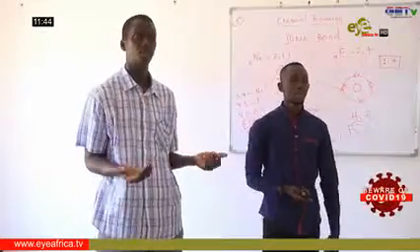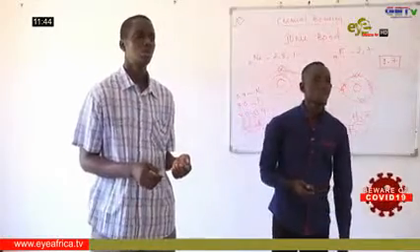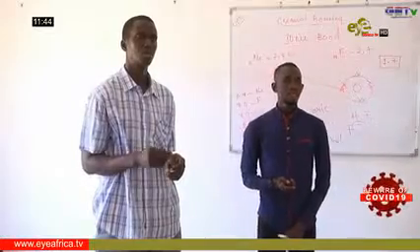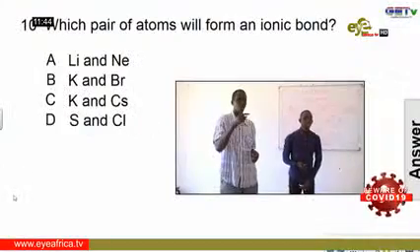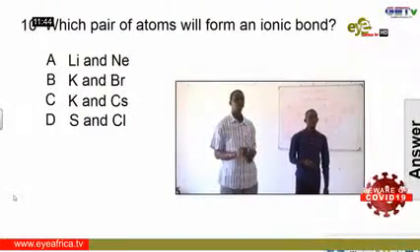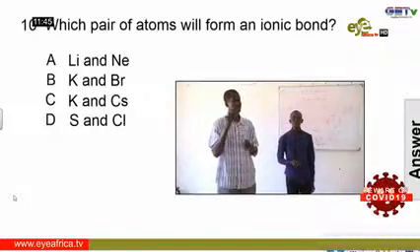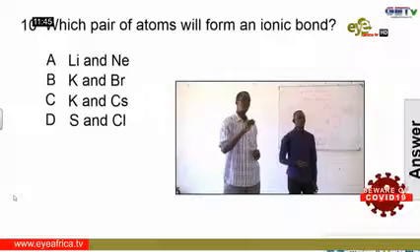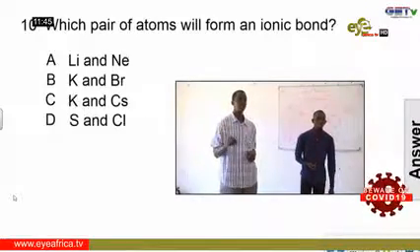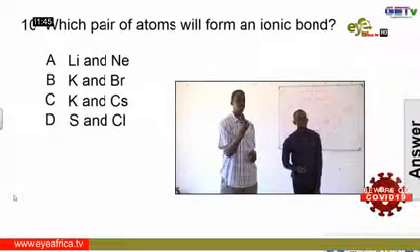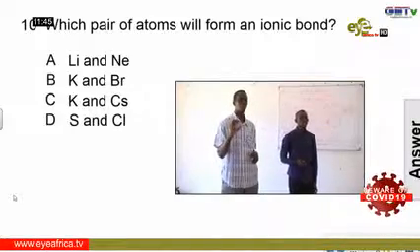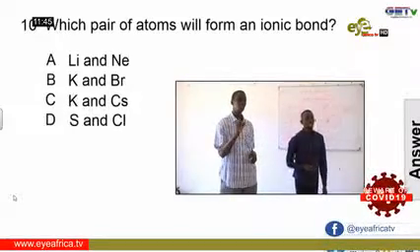Now, we have some questions again that we are to answer. The first question reads, which pair of atoms will form an ionic bond? A, lithium and neon. B, potassium and bromine. C, potassium and cesium.